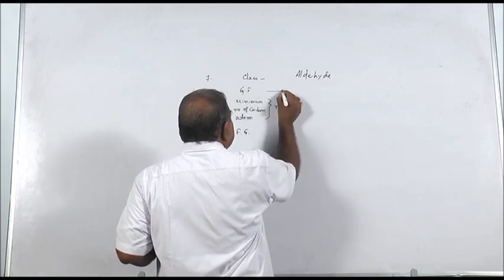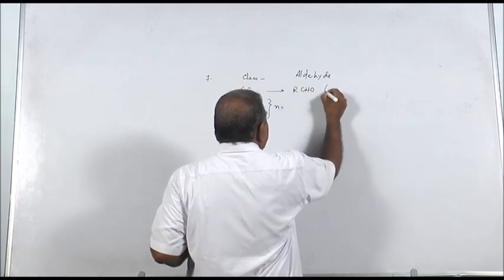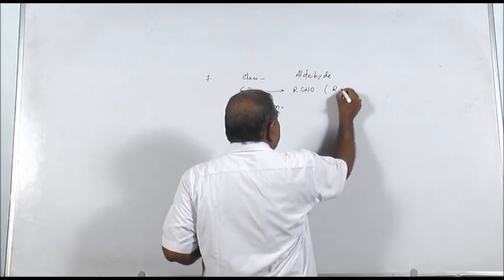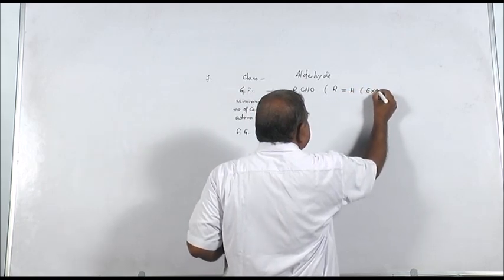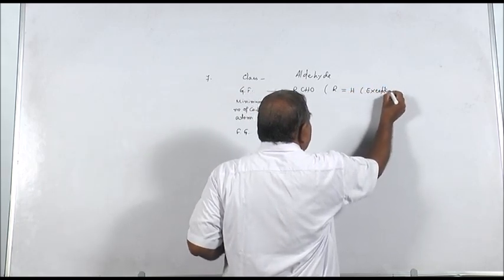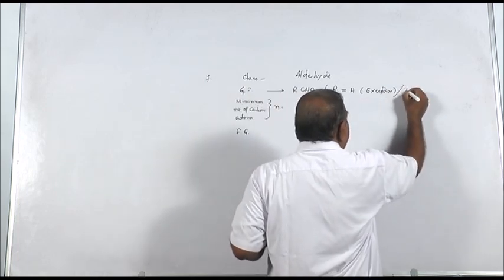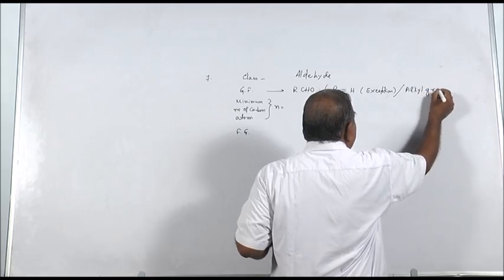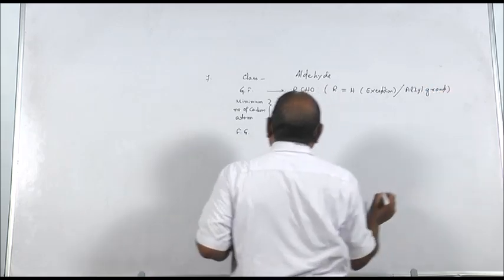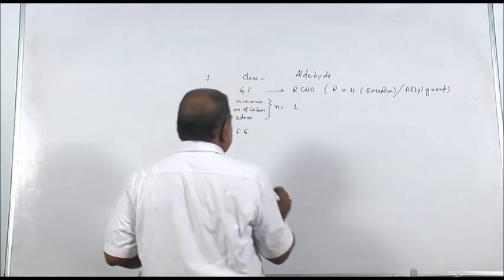The general formula is RCHO, where R is hydrogen, which is an exception. Normally R should be an alkyl group, but here R may be hydrogen. The minimum number of carbon atoms required is 1.